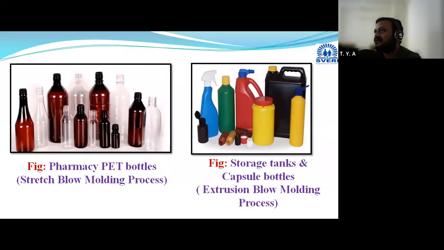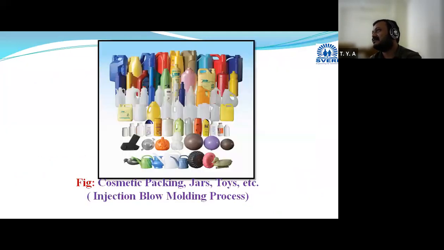In the pharmacy sector, medicine bottles are also manufactured with the help of blow molding. Then different storage tanks I have highlighted there. All these are hollow components manufactured with the help of the blow molding process.